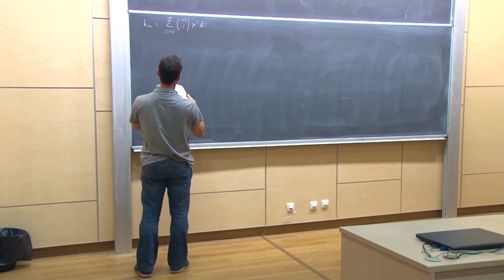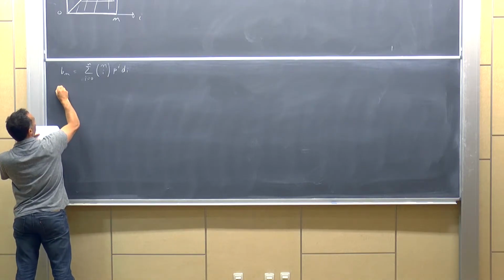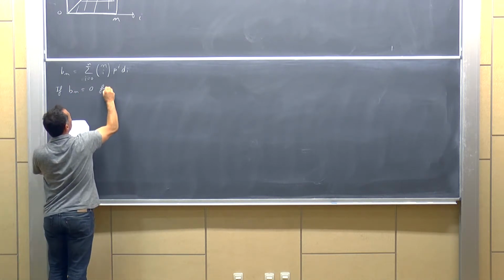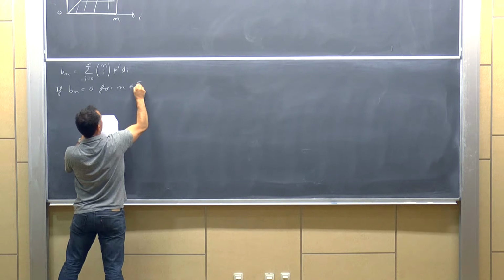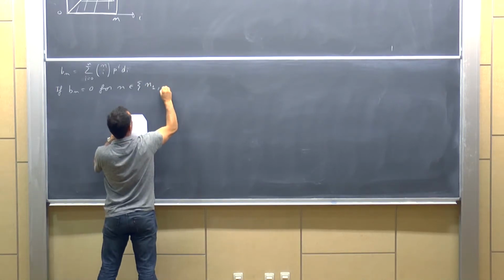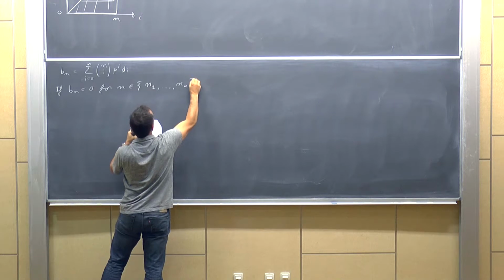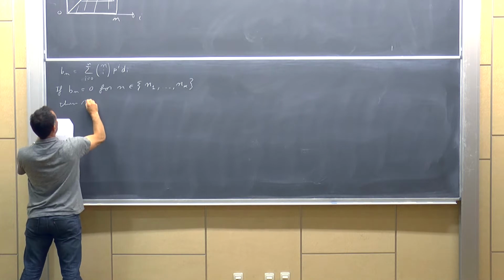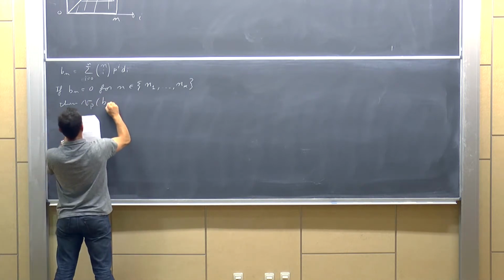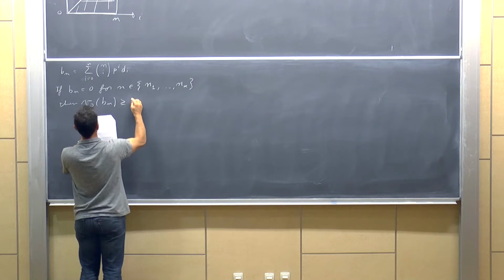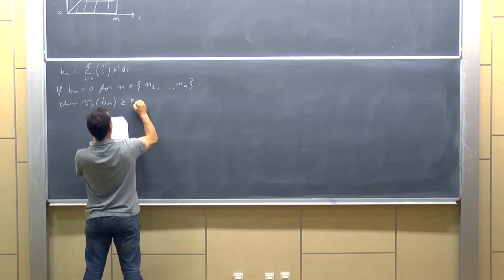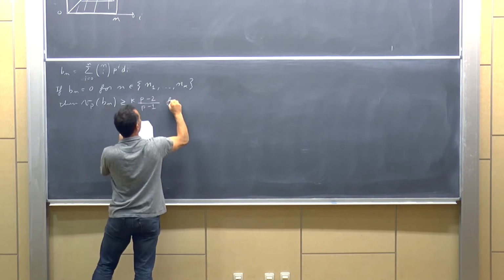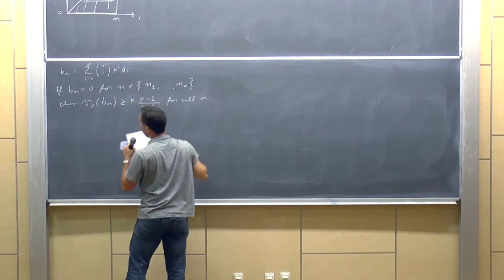And so the way that I'm going to do it, I'm going to show the following. If B_n is equal to 0 for n in the set n1 up to nk, then the p-adic valuation of B_n is greater or equal to k times (p minus 2) over (p minus 1) for all n.